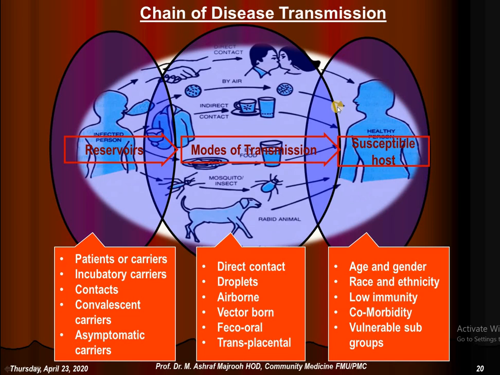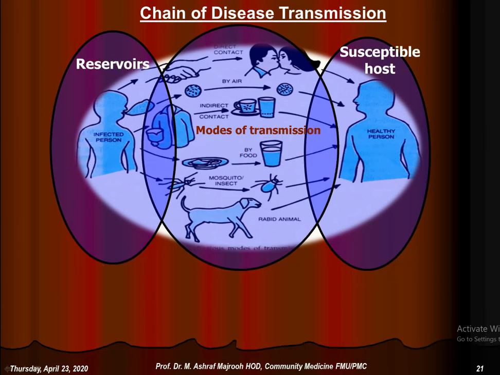So in preventive strategies, out of these three loops, one of the loops has to be targeted, or all the loops can be targeted where feasible in the chain of transmission. Now, how is this chain of transmission broken, and where to put the barriers: at the reservoir, the mode of transmission, or the susceptible host.